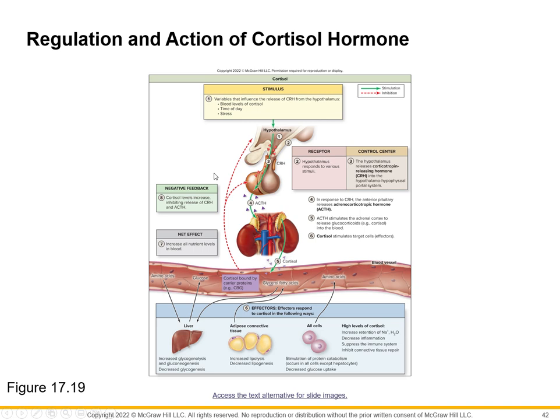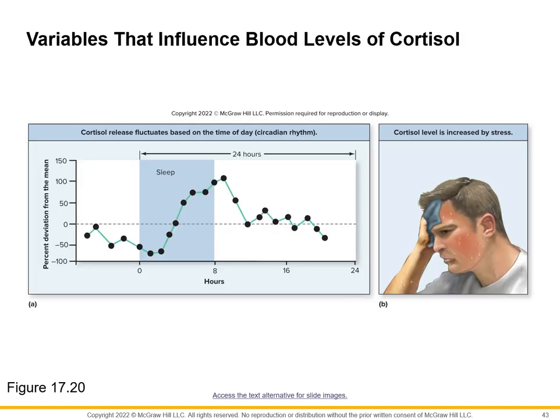So remember, most hormonal pathways in their secretion and production and release are going to be governed by negative feedback mechanisms. So here you can see some variation in cortisol, right? It will vary based on time of day and stress as well.